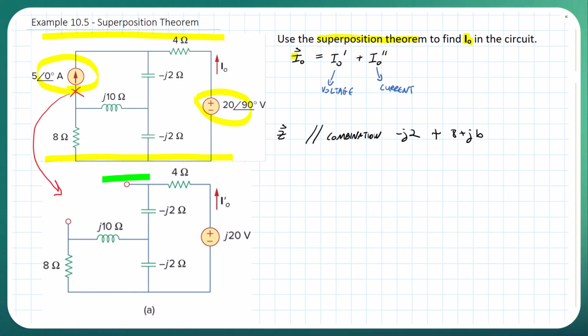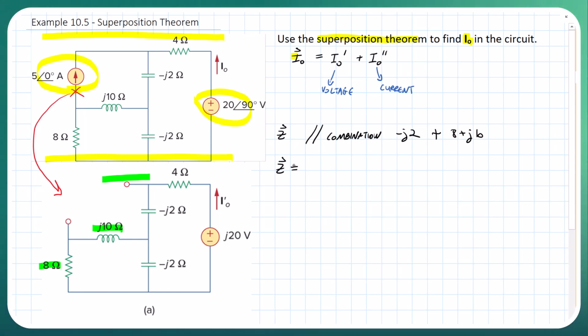So we're going to take j10 and 8, and combine it with minus j2, and that's what we're going to use for our Z. Let's type that out.